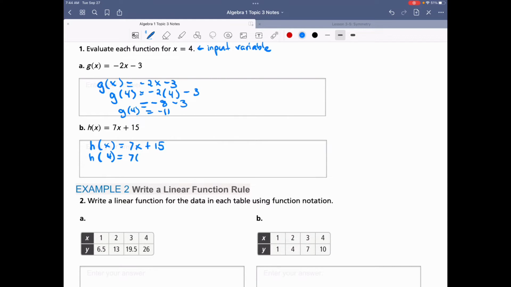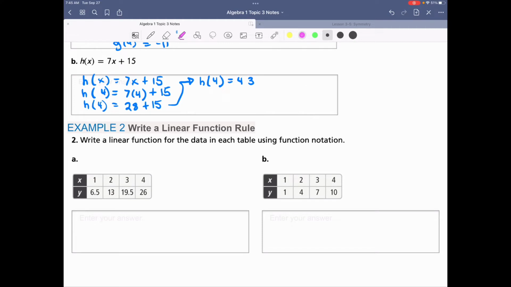That means we'll put in 4 for our x. 7 times 4 is 28, plus 15. Now we will have h of 4 equals, and we do that in our head, 43. h of 4 equals 43.